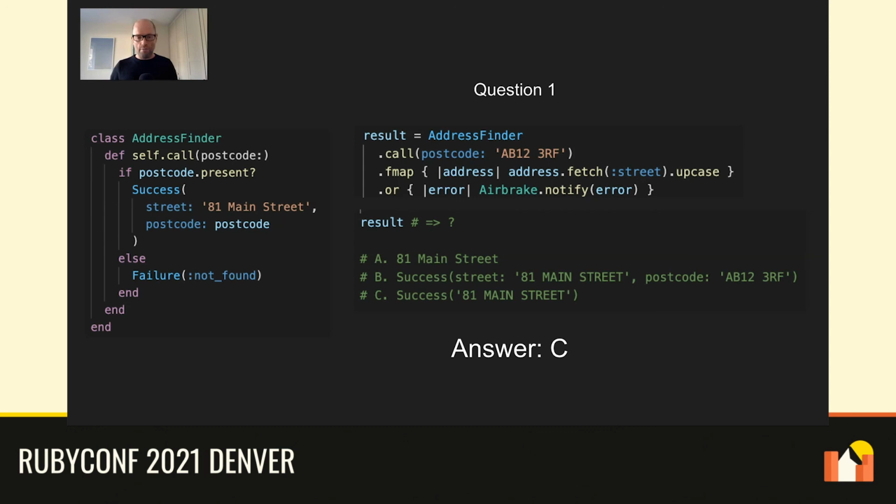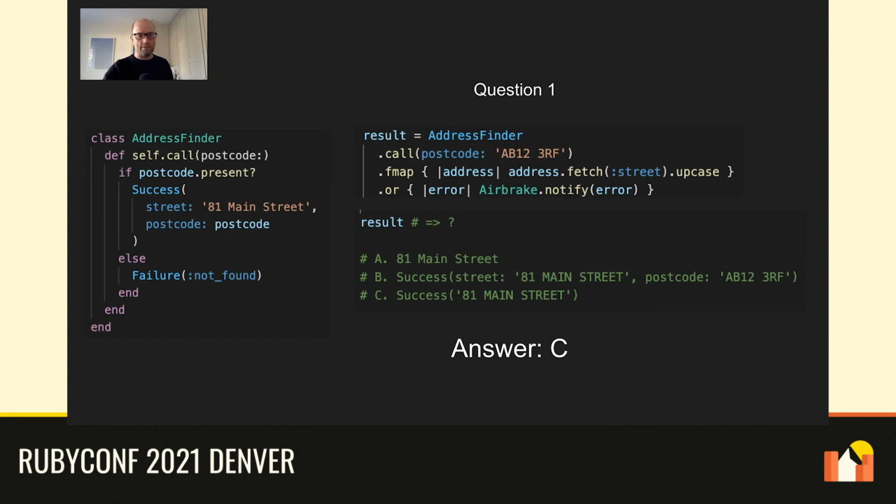So the address variable in fmap will return a hash with street and postcode in it. It fetches the street, so that will be 81 Main Street, and then it upcases it. And remember, fmap wraps it back up in success again. So we get 81 Main Street, all in caps, wrapped with a success. How did you do? Did you get that right?